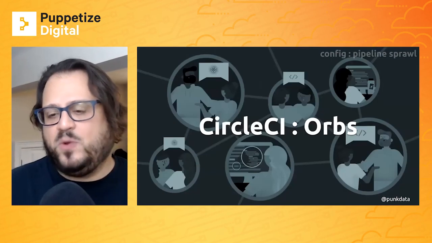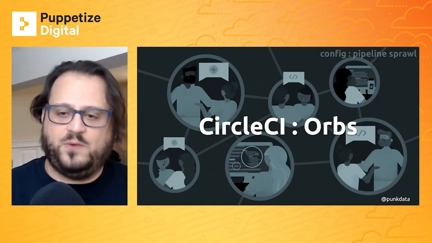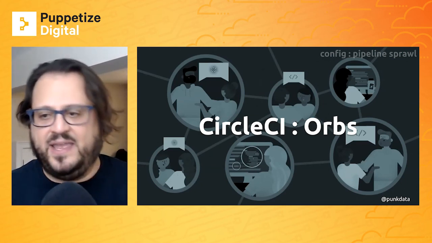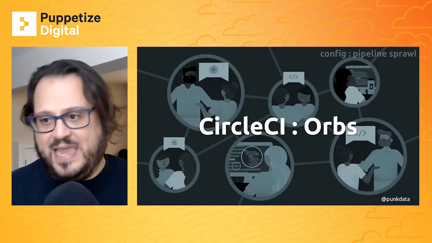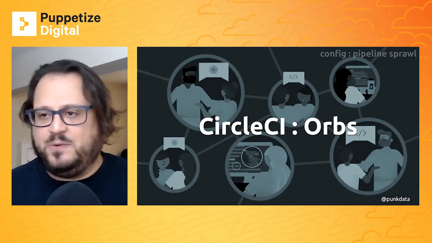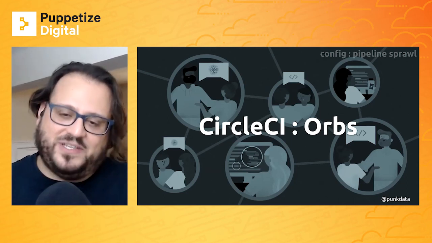So one of the things I wanted to mention is that at CircleCI, we actually solved this problem by creating what we call orbs. And what we've done on the back end of CircleCI is create parameterized YAML. Like I mentioned earlier with domain-specific languages, it's kind of like that because YAML is a data structure.